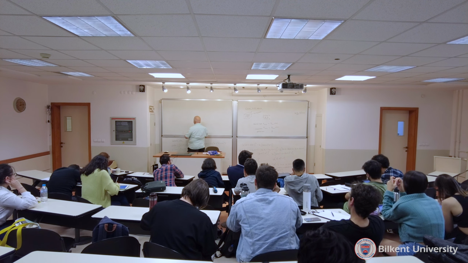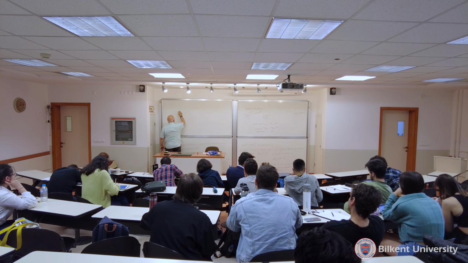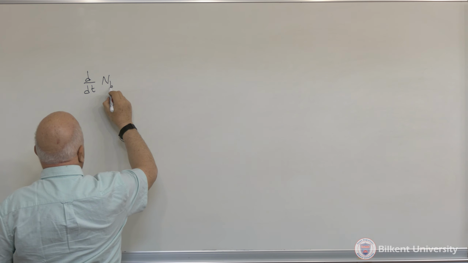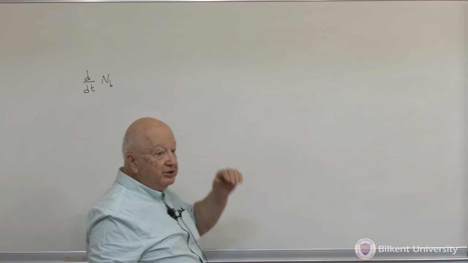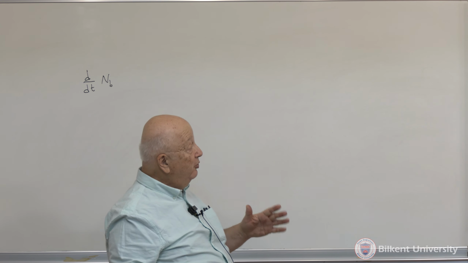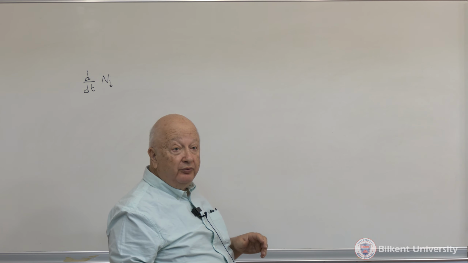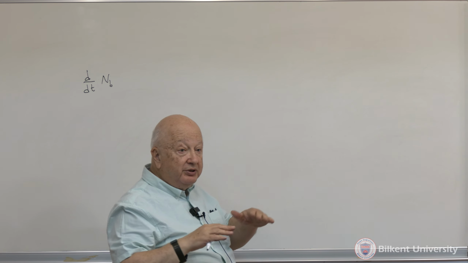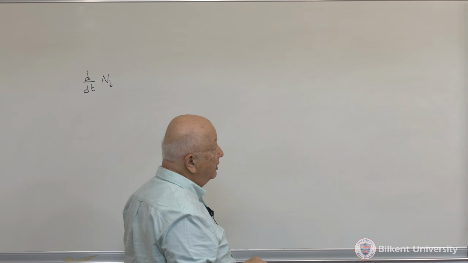If I look at the rate of change of the number of particles in the upper state, that's going to change according to a master equation. If you studied the master equation in statistical physics, you know how these things relate to one another.